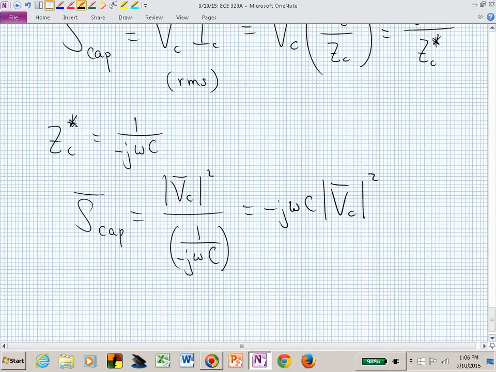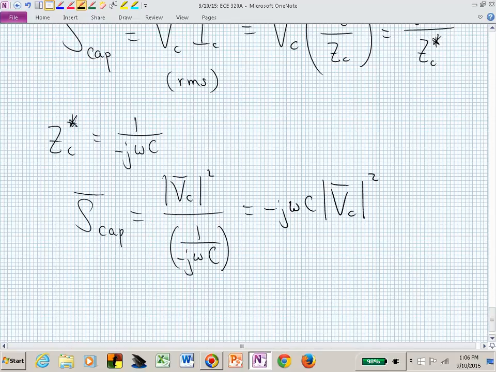An ideal capacitor. We're not assuming any losses, any resistance in that capacitor. And what did you say you wanted S, or the reactive power, to equal of that capacitor? Minus 57K, right?